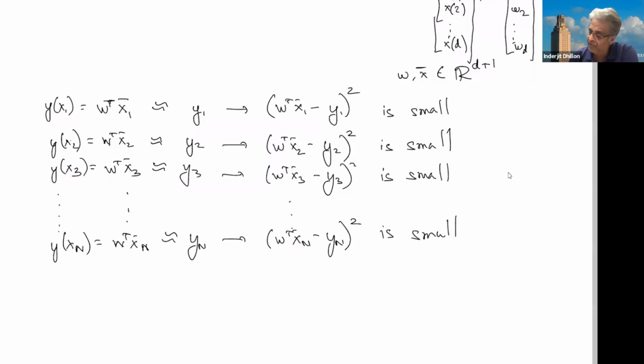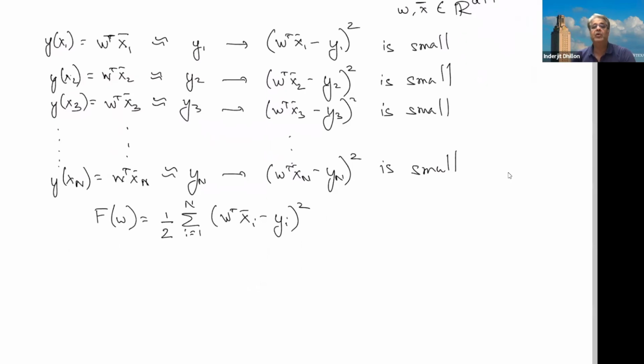So I can take the summation, so this is a summation sign, i equals 1 through n, of W transpose xi bar minus yi, squared. Okay. I want this to be small. And for convenience, because we'll see when we take the derivatives, I'm just going to do 1 divided by 2. And I'm going to call this a function of my coefficients. Okay. So this is f of W, and what do I want to do?